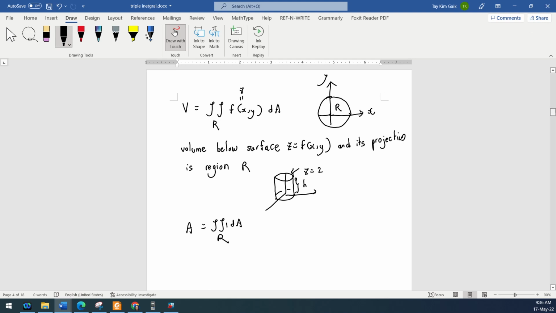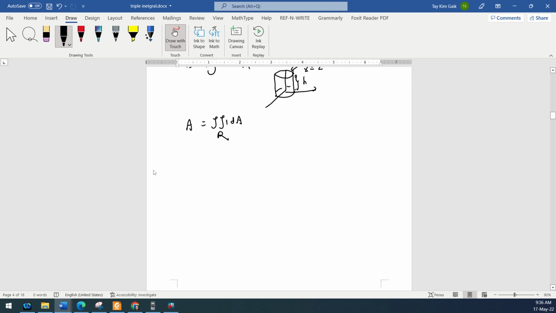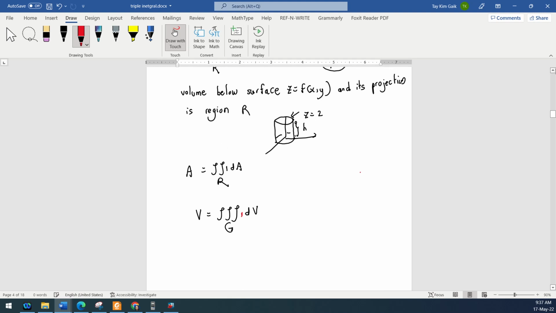Okay, and then if we use a triple integral, it's like this: dV over the solid G. So the solid is here, let's say in this case a cylinder. For the triple integral, the volume is the triple integral of 1 dV over the solid G. Let's put in the limits so you can see the double integral.